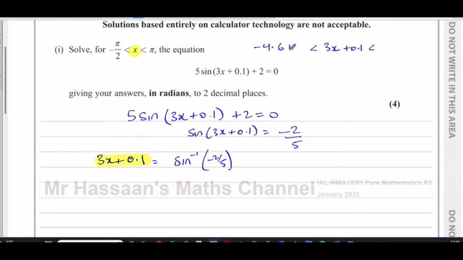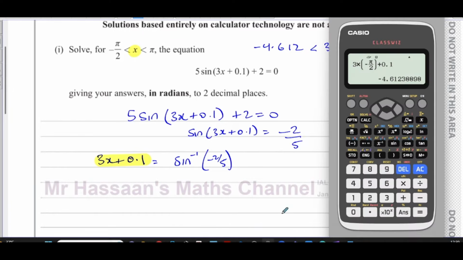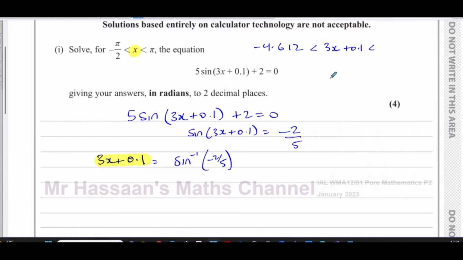I'll write it to more decimal places than we need. I'm also going to do the same thing for the other side, replacing that minus pi over 2 with pi. So I have 3 times pi plus 0.1. That gives me 9.5247, so 9.525. That's the upper limit.